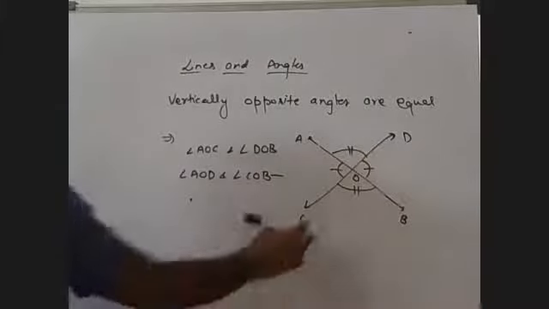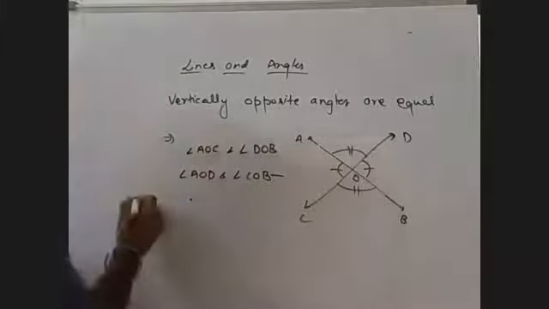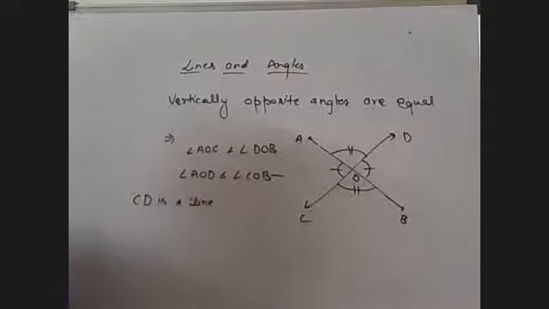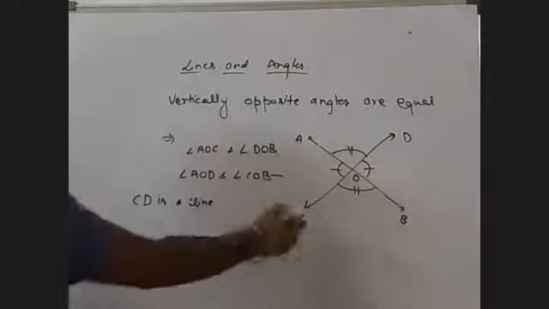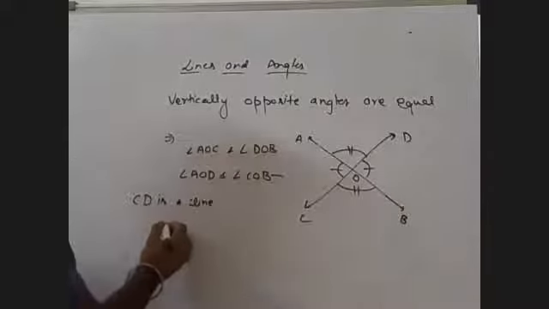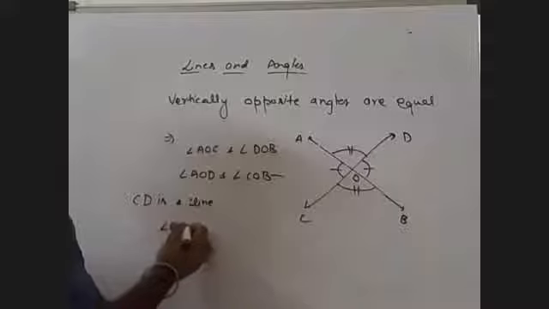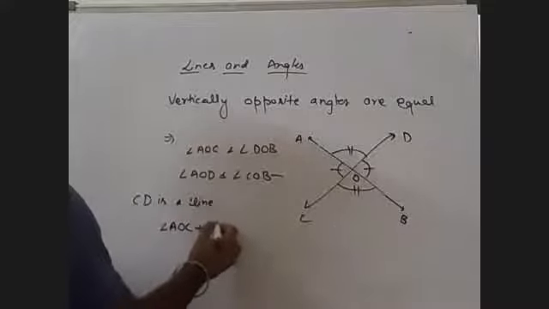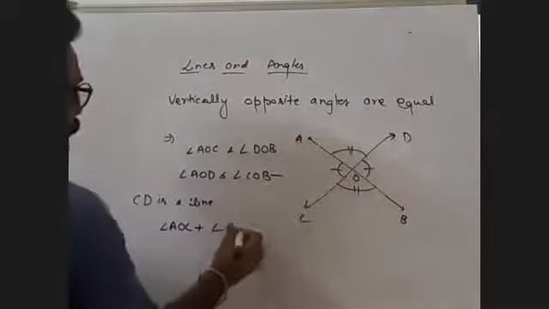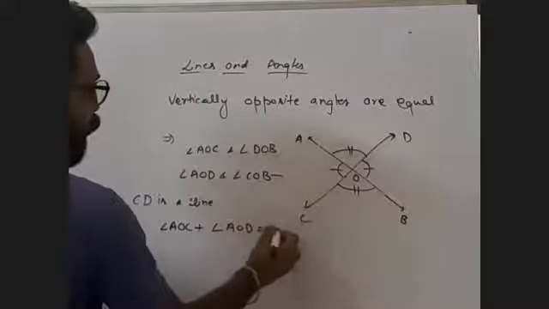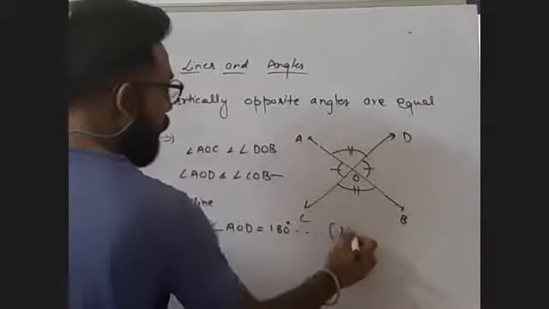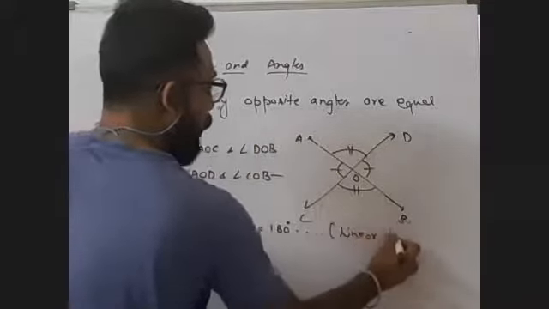Now, since CD is a line, we can say that angle AOC plus angle AOD is equal to 180 degrees. What will be the reason? The reason will be linear pair.